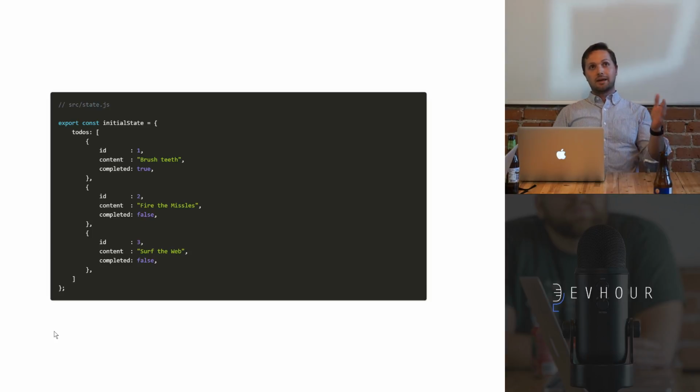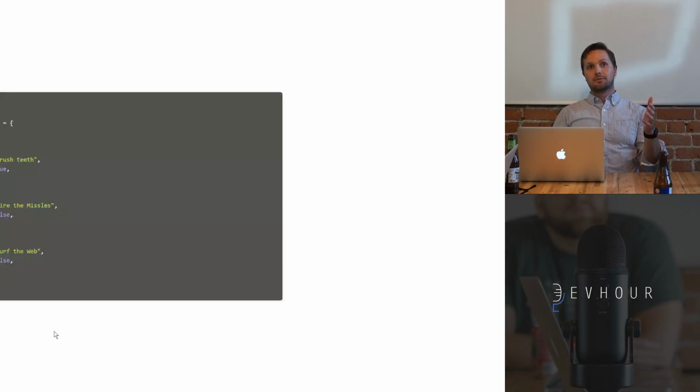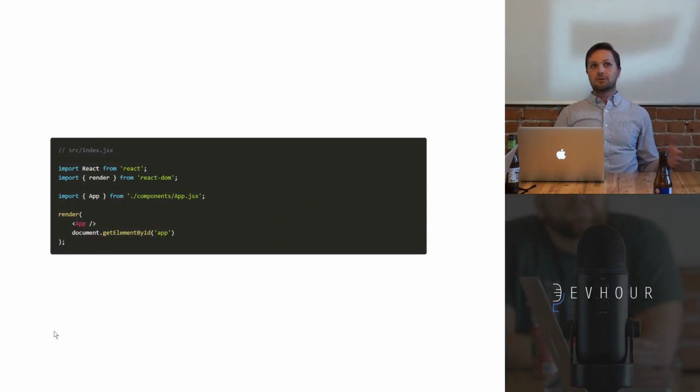So now that we have our initial state, we can go through and start visualizing our entire application with components now. This is a view back to our entry point into the React app, which we were attaching to the mounting point that we had in our HTML template. We know that we have this global app component, which we want everything else to fall under.